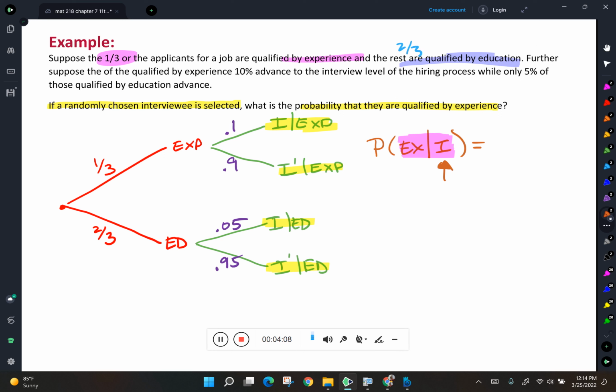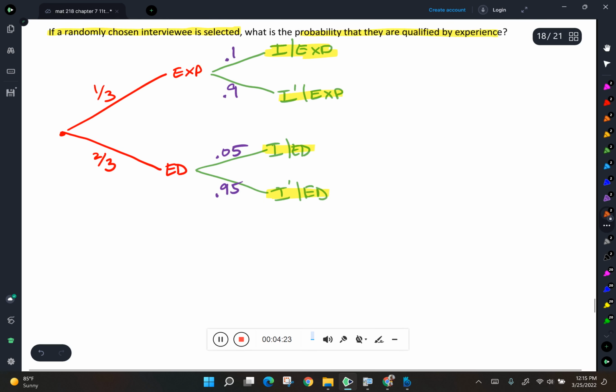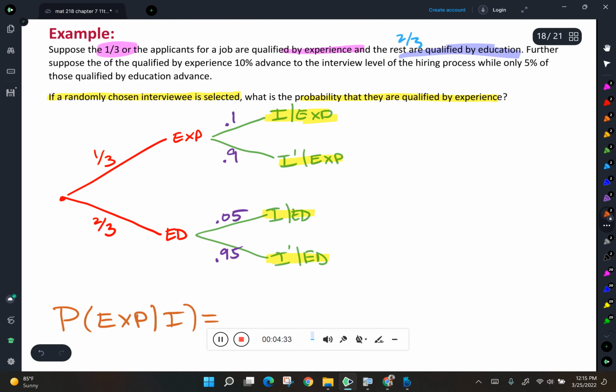Now it's really hard to do these problems without having some sort of formula to work with. Well, let's just see if we can think about this for a second. I'm going to erase this because I'm going to need this space, but we'll come back to it. I'm just going to move it down here to the bottom. I'm going to say the probability that they got there by experience, given that they got an interview, is... And I'm going to come back up here and take a look at what each of these branches means.